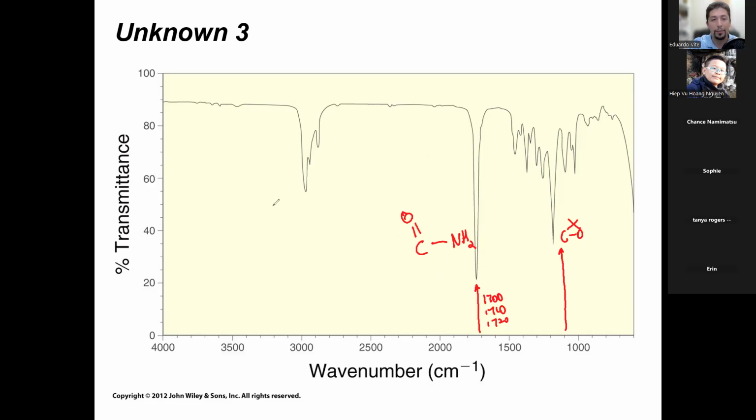Why can this not be an amide? No NH bonds, no NH signals, right? There's nothing here that looks like that. Make sense? So this cannot be an amide. So what else could it be? We still haven't gotten our answer. It could be just a ketone, right? That's one possibility for sure. Since it doesn't seem to be anything else, we could just say it's a ketone.